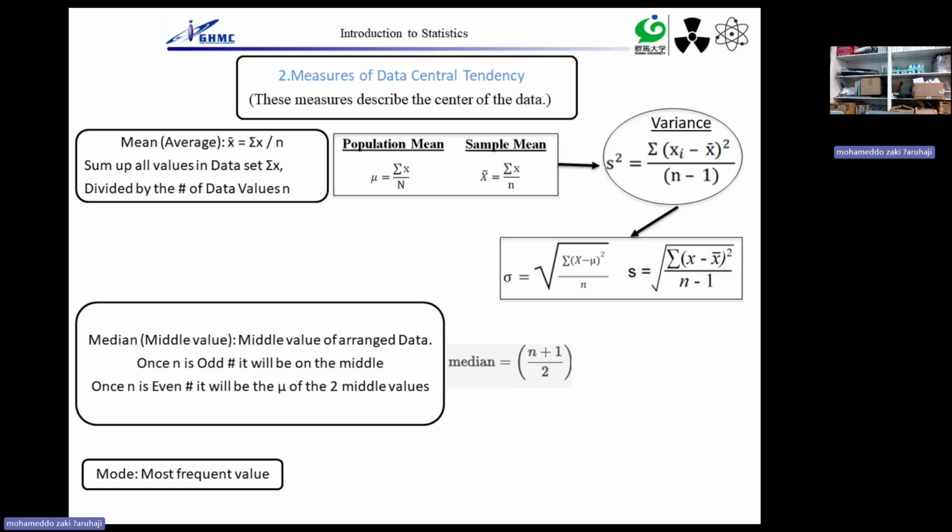If it's an even number, my Q2 will be the mean of these two values, which we say is 3. This value 3 is my Q2, and I can also divide the upper half and the lower half. Easy, yeah? That's the IQR.